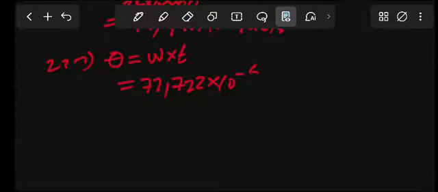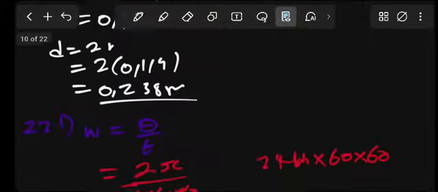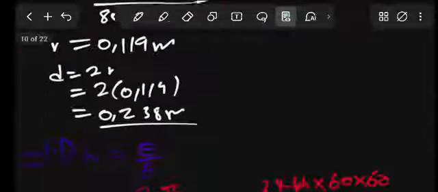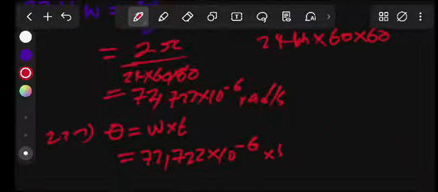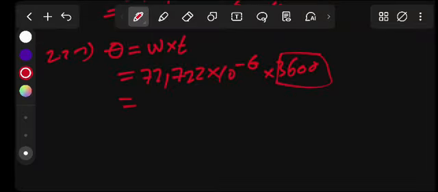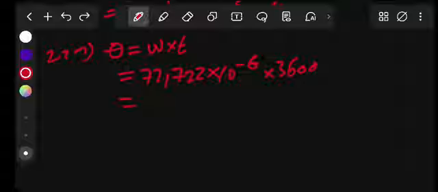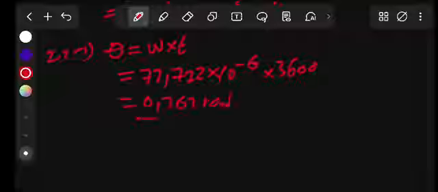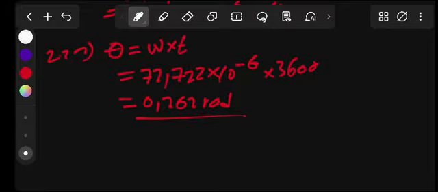They said 360 seconds. 360, guys, is the same as 60 multiplied by 60 divided by 10. You can say multiply by 360 seconds. So if I punch this, it will be 0.262 rad, measured in rad. So we have now 2.2.3.